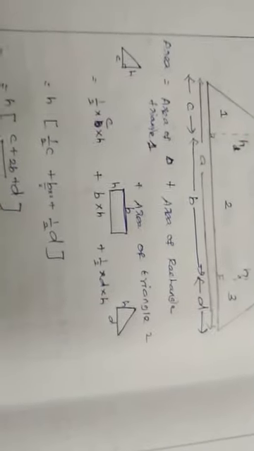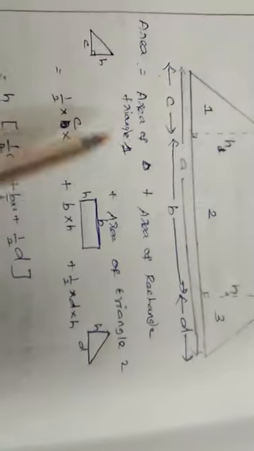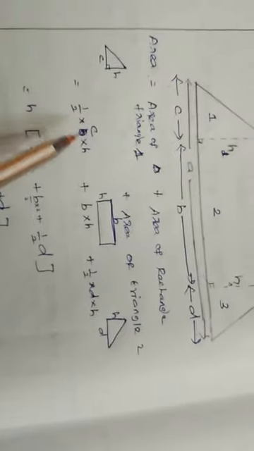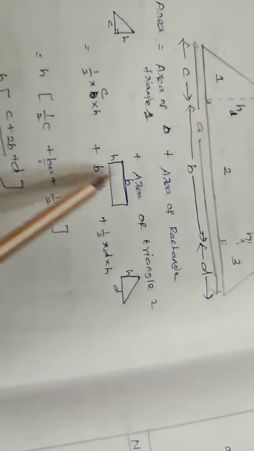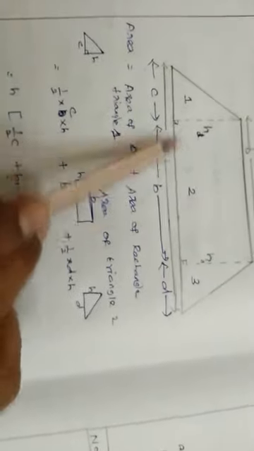So here the base is C and height H, so 1 by 2 into C into H. The area of the rectangle is base into height, B into H. And the area of this triangle is 1 by 2 base D and height H.